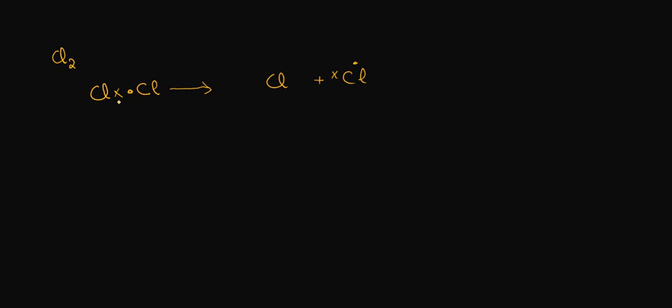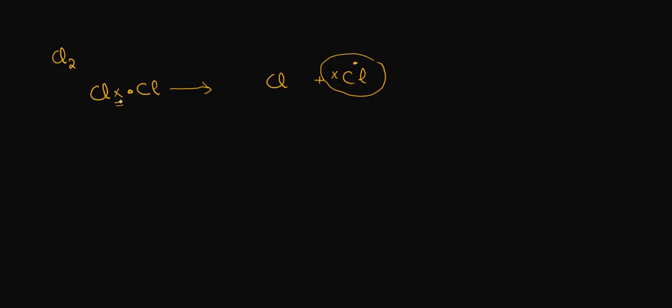If we assume this is the electron of the left side chlorine atom and this is the electron of the right side chlorine atom, and one chlorine atom takes the shared electron of the other chlorine atom, then it forms a free radical.